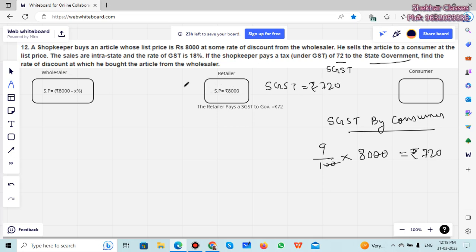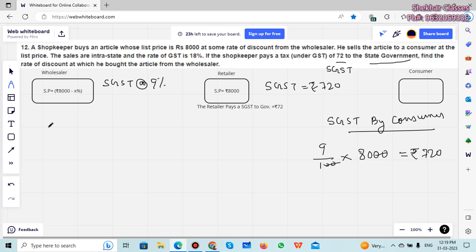How much will he pay to the wholesaler? As a tax, I'm asking here. So we have to calculate that. Tax is always calculated on the selling price. Selling price is this much. So what we do in this case is, we say SGST here paid by the retailer to the wholesaler is at what rate? 9% only.